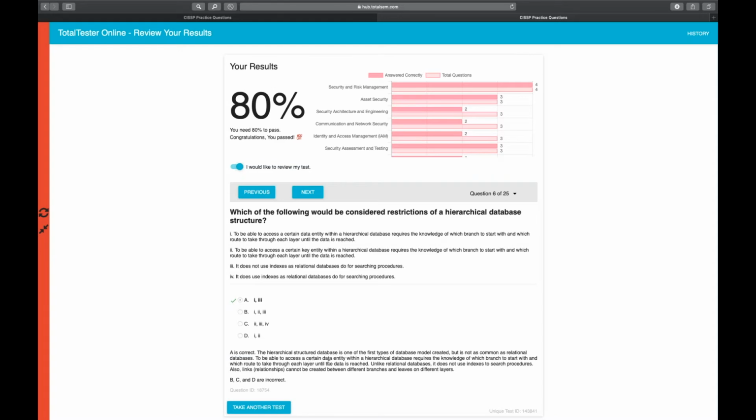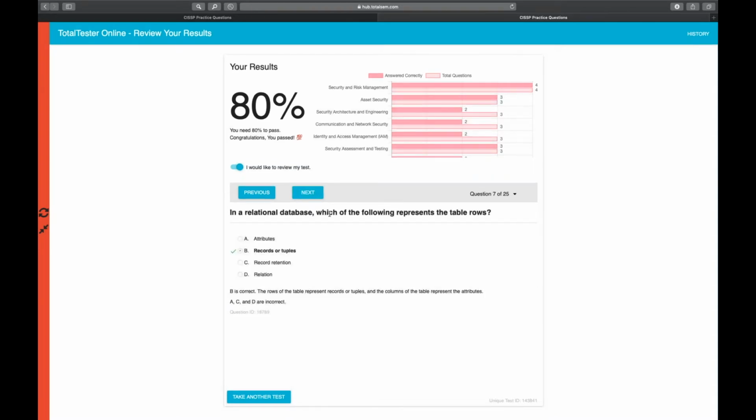To be able to access a certain data entity within a hierarchical database requires the knowledge of which branch to start with and which route to take through each layer until the data is reached.